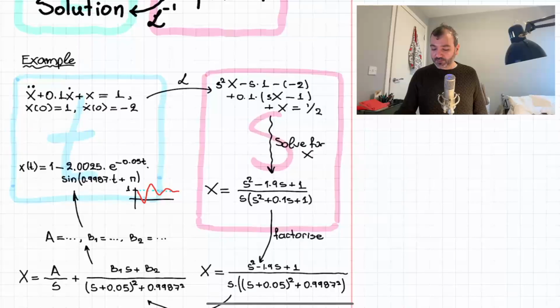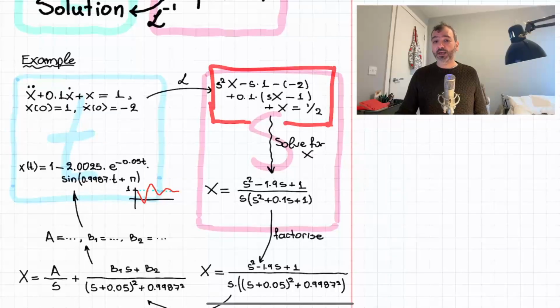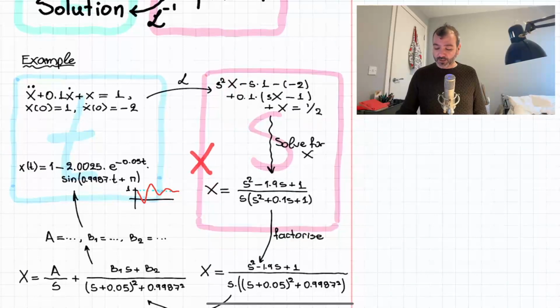You apply the Laplace transform and you end up with this equation in the S domain, which is an algebraic equation. And you can now solve for your unknown, big X of S. And this, as we discussed last time, is your solution, but in the S domain.